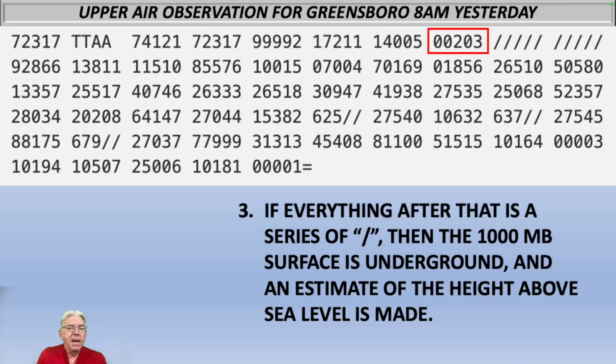Okay, now, if everything after that is a series of slashes, then the 1,000 millibar surface is underground, and an estimate of the height above sea level is made.